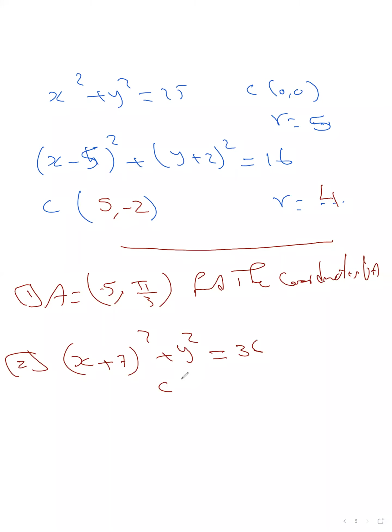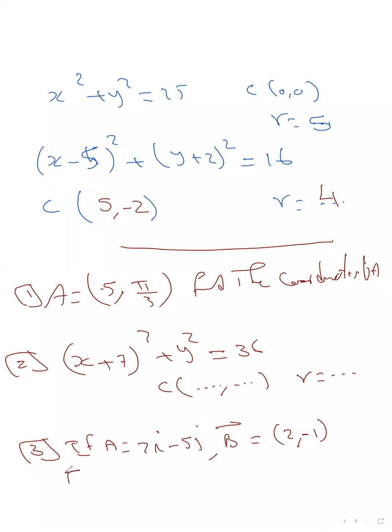Then the center of the circle is, and the radius is. Number 3: if A equals 2i minus 5j and B equals 2 and negative 1, find vector AB as a vector, مش fundamental vectors. Okay, try to solve them.